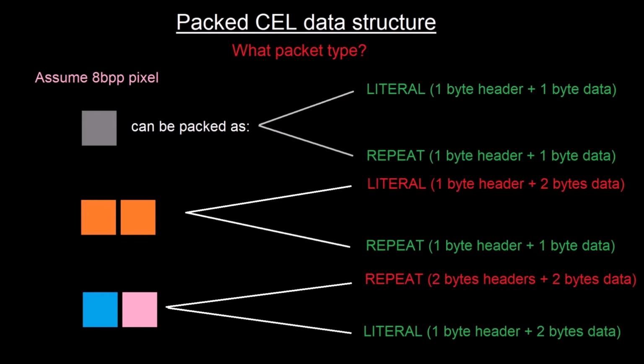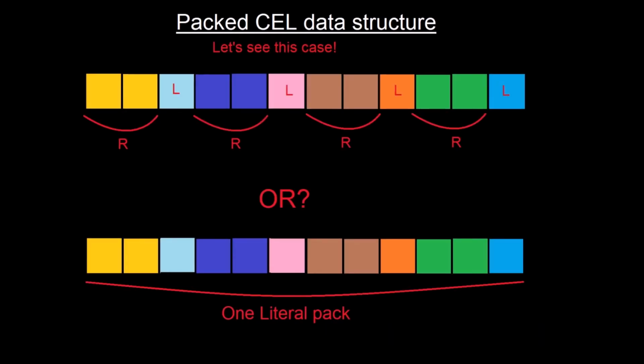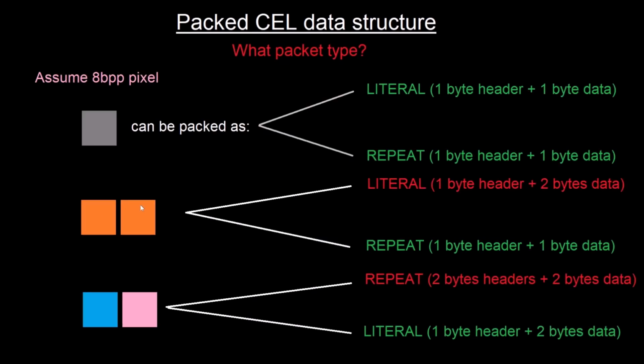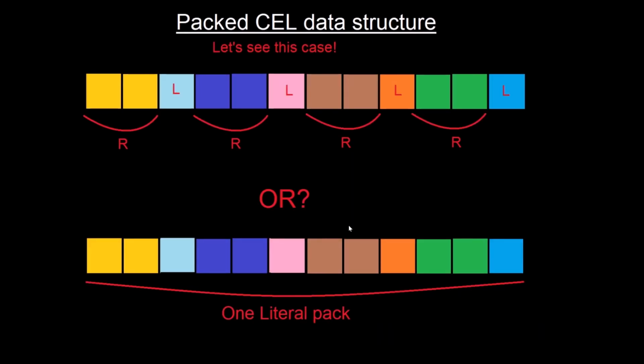You have to analyze your data sometimes, because let's see this case. This is an ugly case where I have 2 pixels repeat, 1 lonely pixel, 2 pixels, 1, 2 pixels, 1, 2 pixels, 1. One kind of packing is to pack this as repeat, because they are the same pixel, isn't it? You use the repeat pack. It's better, isn't it?